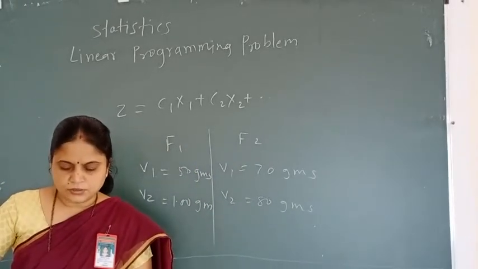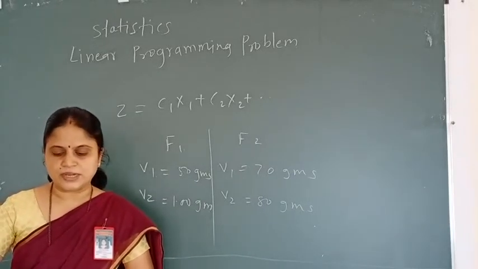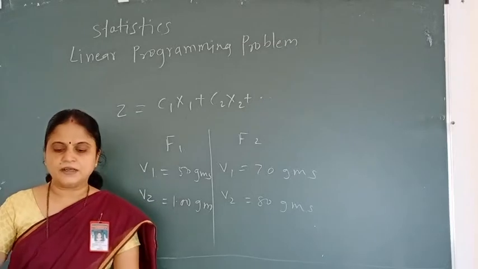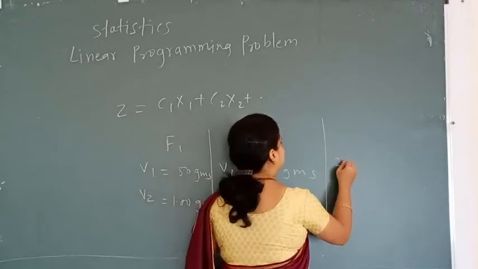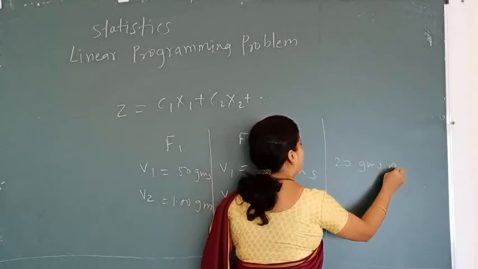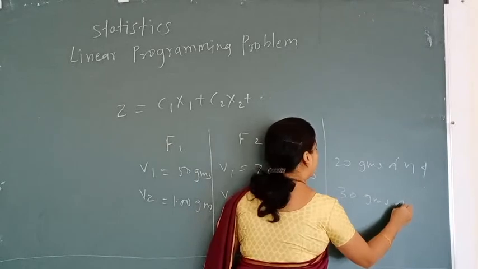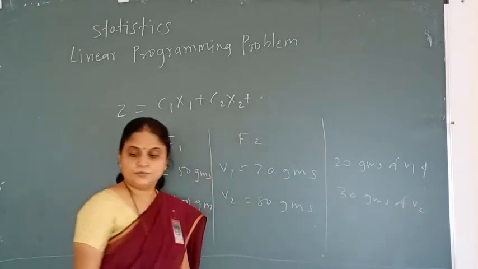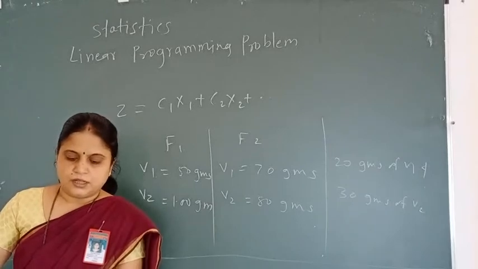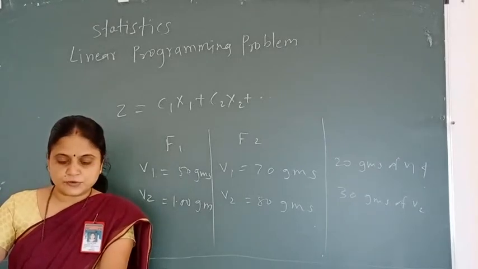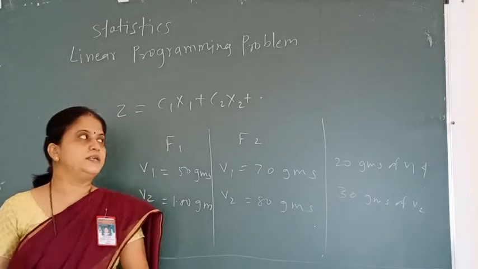Now any person needs 20 grams of V1 and 30 grams of V2. We are also given the cost of F1, which is 25 paise, and the cost of F2, which is 30 paise.